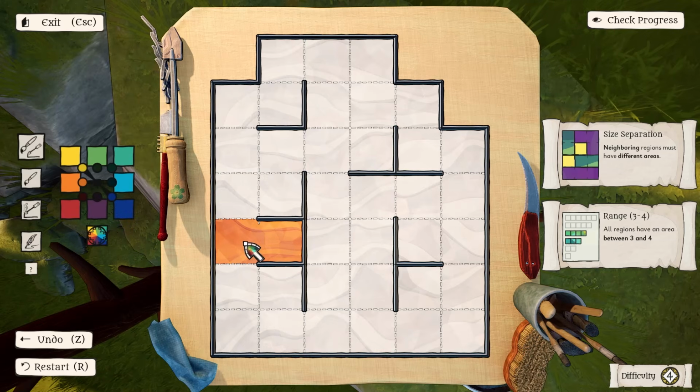So let's say this was a 3, then you'd be a 4, you'd be a 4, that's fine. Oof. You could be a 3, 4, 3, 4.